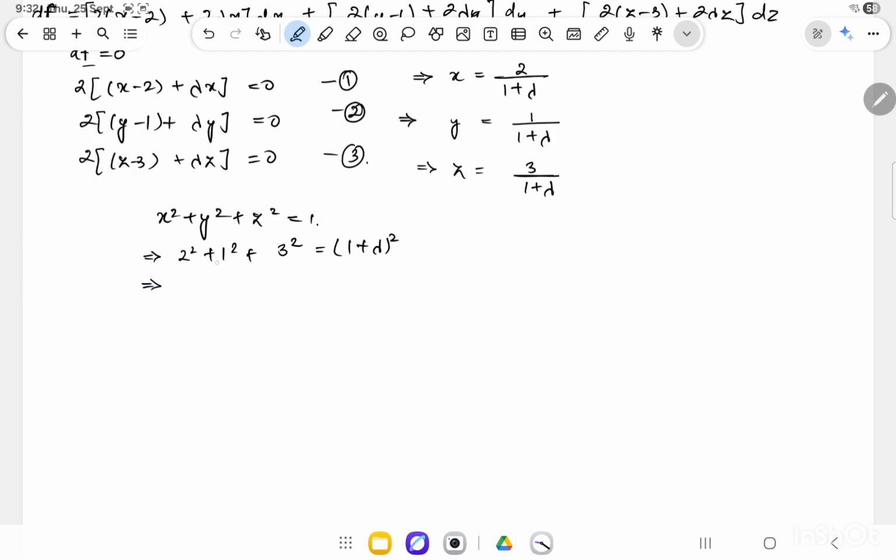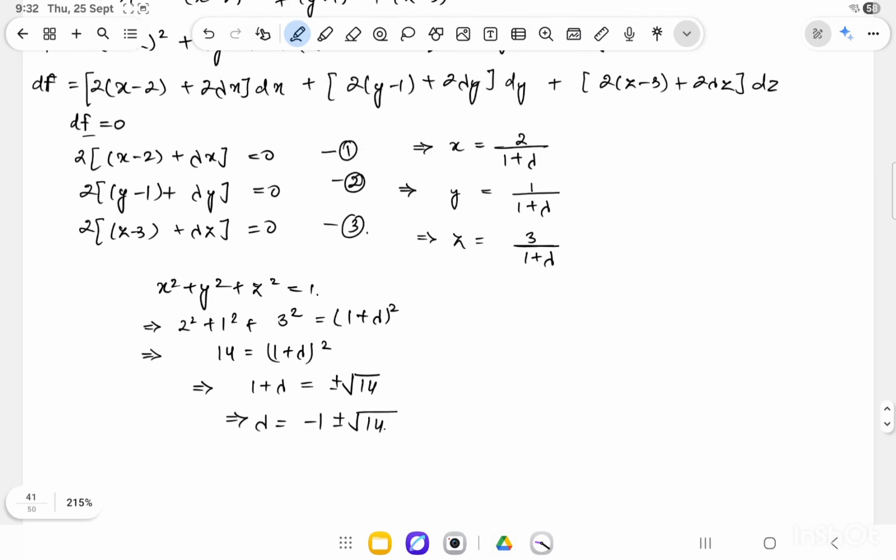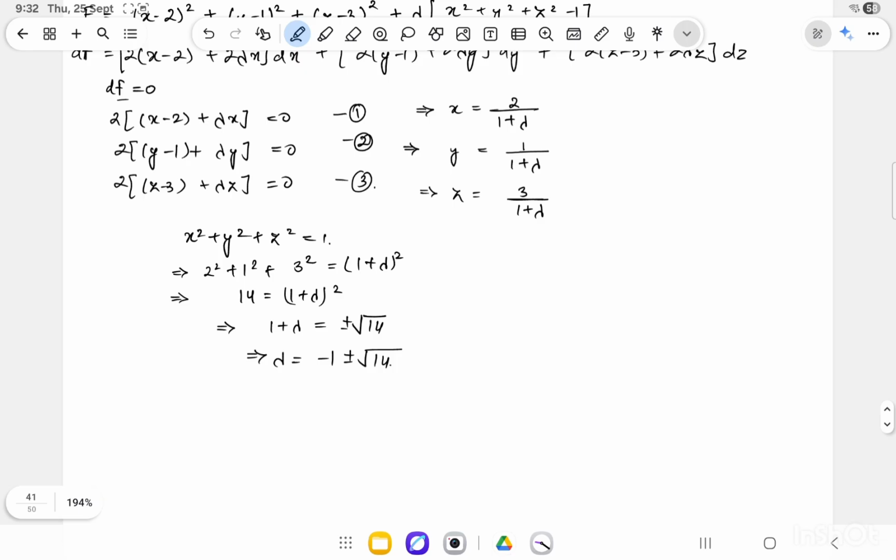So 9 plus 1 is 10, plus 4 is 14, equals (1 plus lambda) square. So 1 plus lambda equals plus or minus root 14, and lambda is minus 1 plus or minus root 14. So I got my lambda, and using this lambda I can easily find the values of x, y and z.